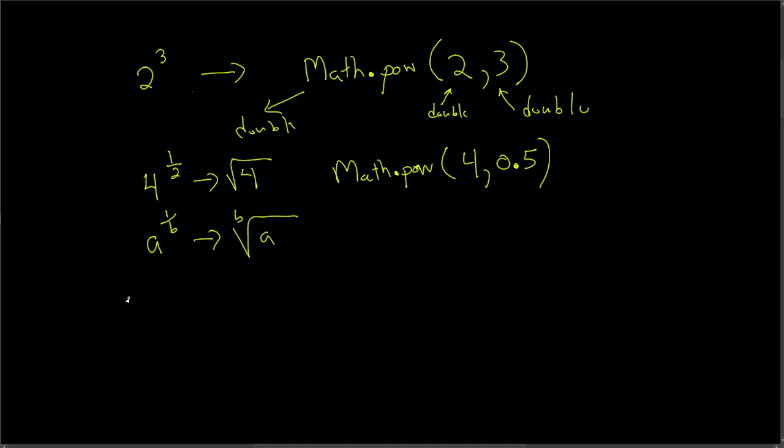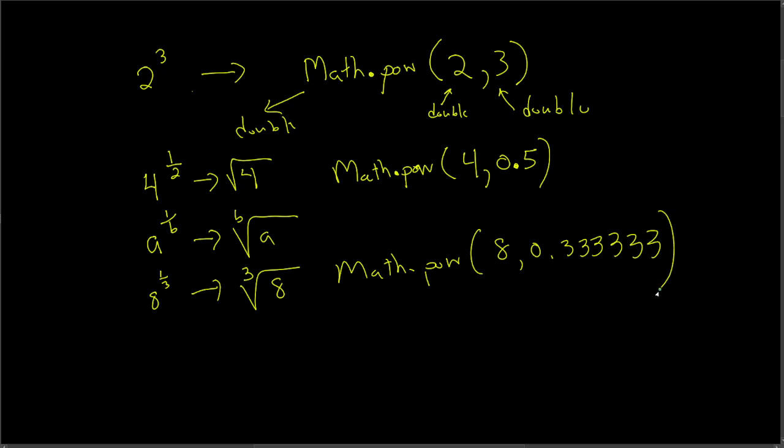So if I wanted a cube root, I would take 8 to the 1/3 for a cube root. It's the same as saying 8 cubed. Well, here we run into a problem with our double representation, because we get a repeating decimal.